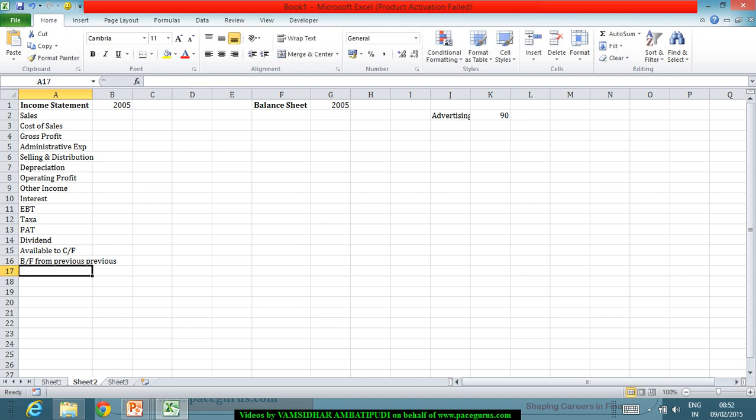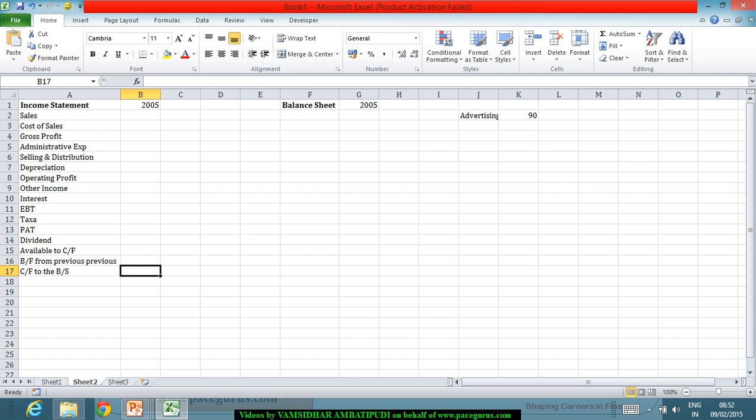So based on this, I can talk about carry forward to the balance sheet for this particular year. So this is what we are trying to present as a part of the income statement.